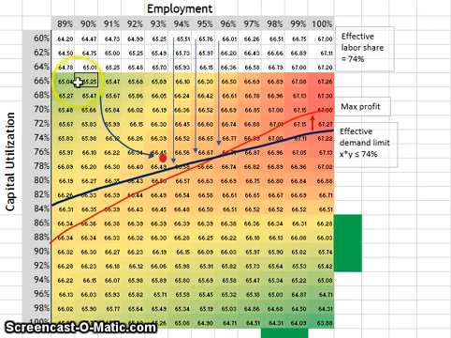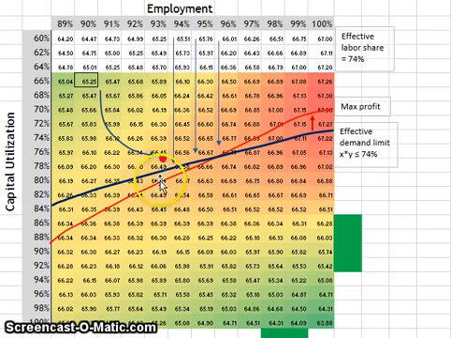So here's where the economy fell to at the crisis: about a 10% unemployment and a 66% usage of capital utilization. And since then, capacity utilization has increased and unemployment has come down. Employment has risen. So this is basically the path that the economy has taken to where we are right now, sitting close to the effective demand limit.